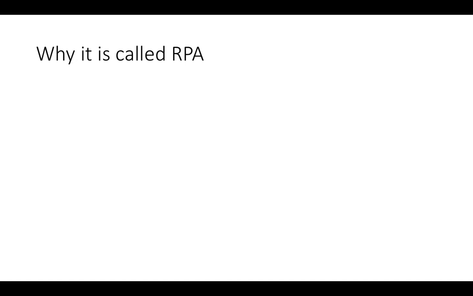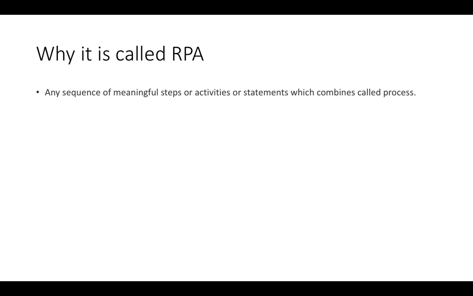So now why is it called RPA? Any sequence of meaningful steps, or set of activities, or set of statements, when you combine all of them, is called a process, right? That I follow one process, like if I perform these steps, I can achieve this task.